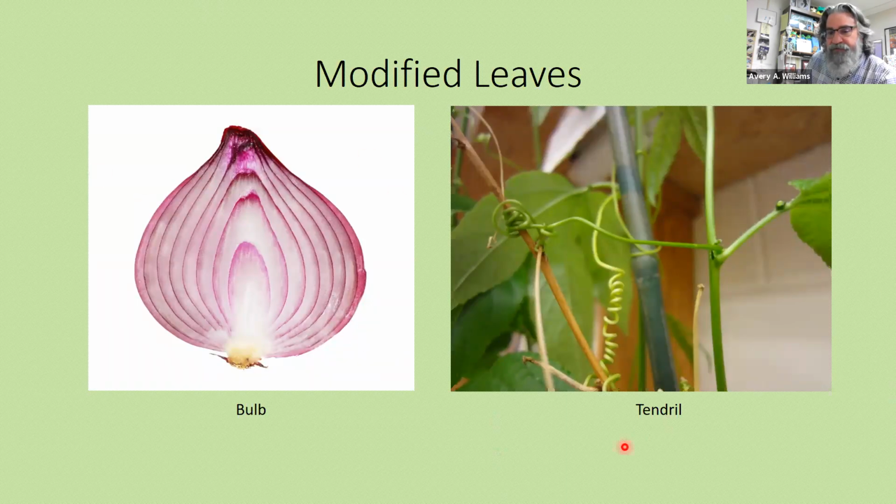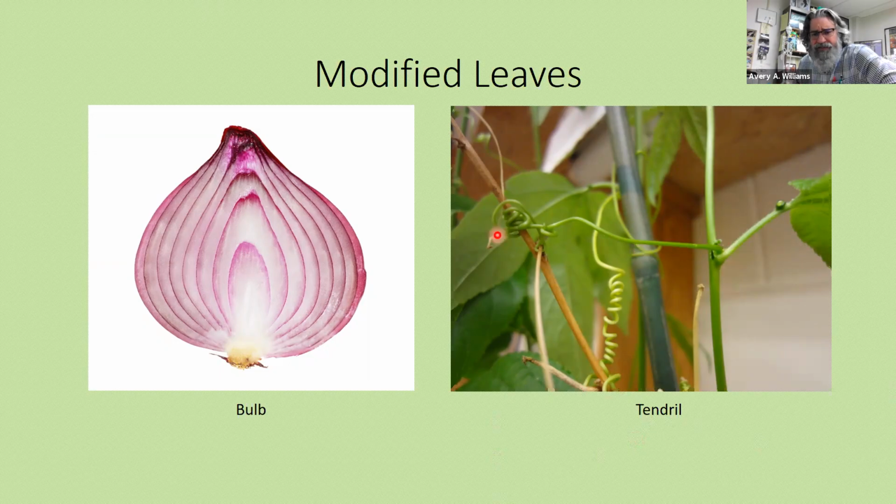Now this one, tendrils. These are modified leaves too. These squirrely, curly, vining looking materials. Now these aren't vines. A vine is the entire plant, the actual stem and whatever. But sometimes leaves are modified for clasping or support.